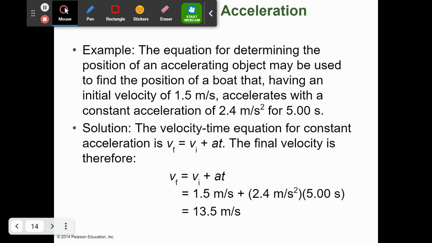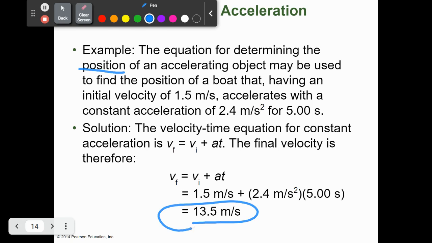So we're trying to find position. If this was the end of the problem, yes, they should have said determine the final velocity. Unfortunately, this isn't the end of the problem. That was just part of it.